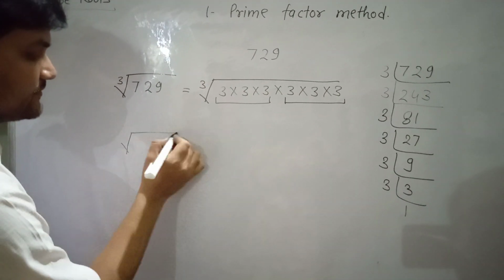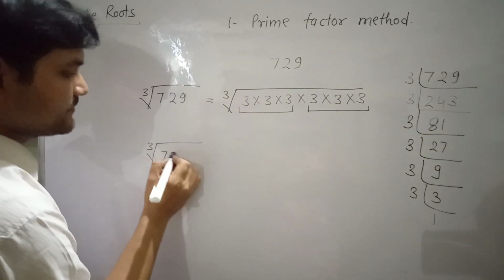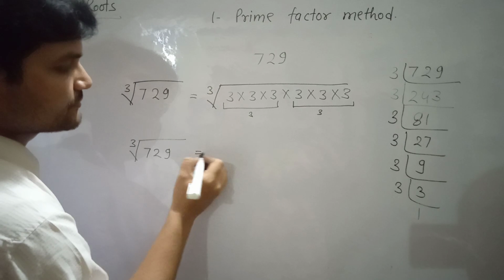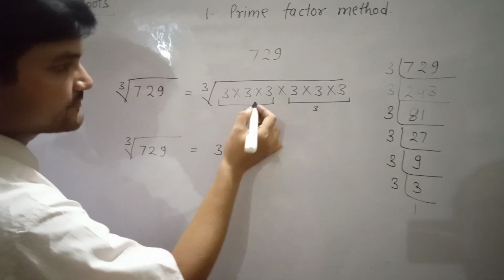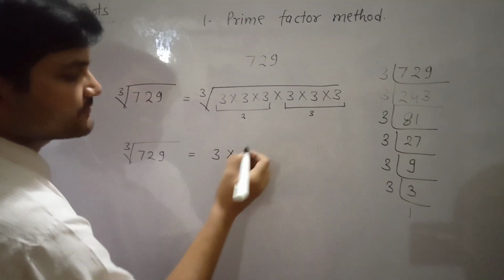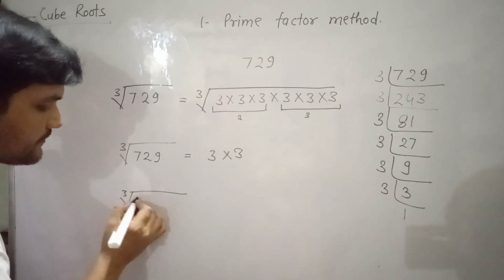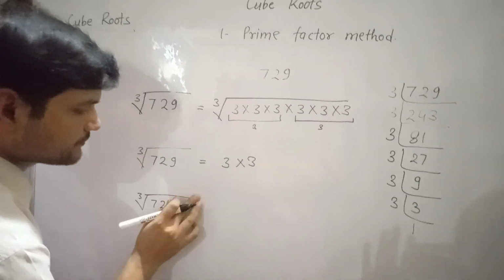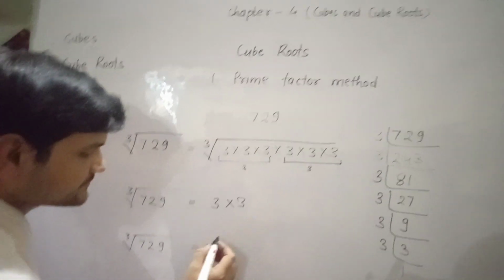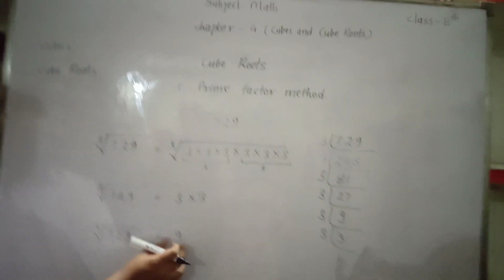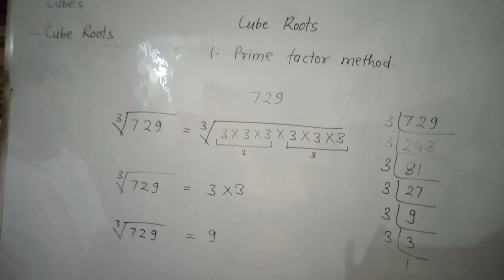Then we take 1 number from each group. We take 3 from the first group and 3 from the second group. So we will have 9. 9 is the cube root of 729.